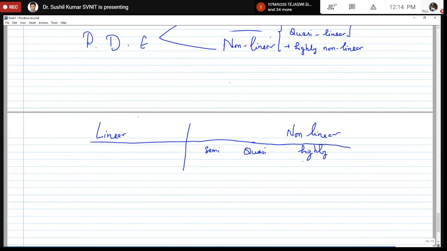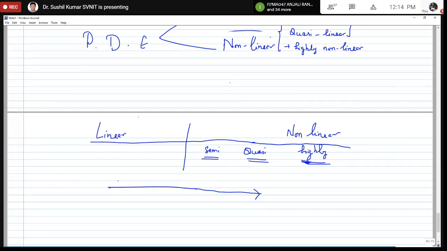Highly non-linear means they have severe non-linearity. Quasi means they are non-linear, but the non-linearity is not as severe as highly non-linear equations. Semi-linear are also non-linear, but we have very little non-linearity in this equation. You can say even all these three are non-linear equations. So if we move from linear to non-linear equation in the way of severity or difficulty to solve the equations, then this is the way.